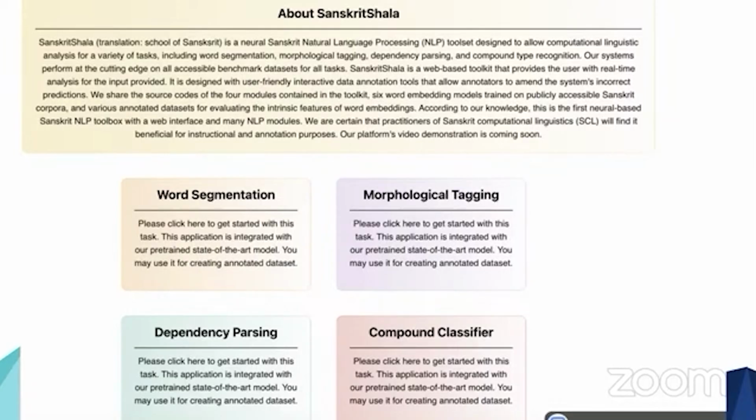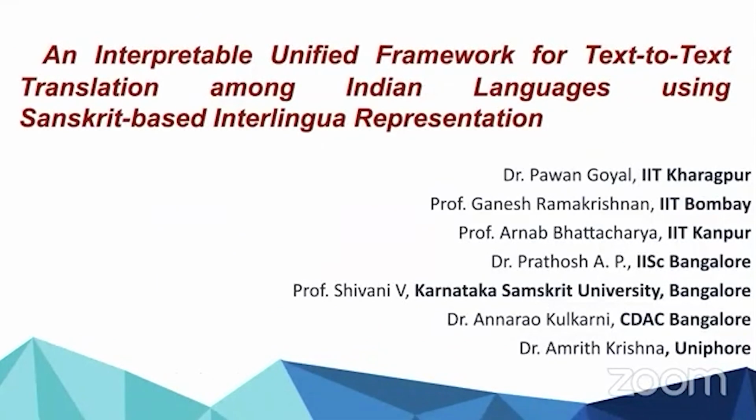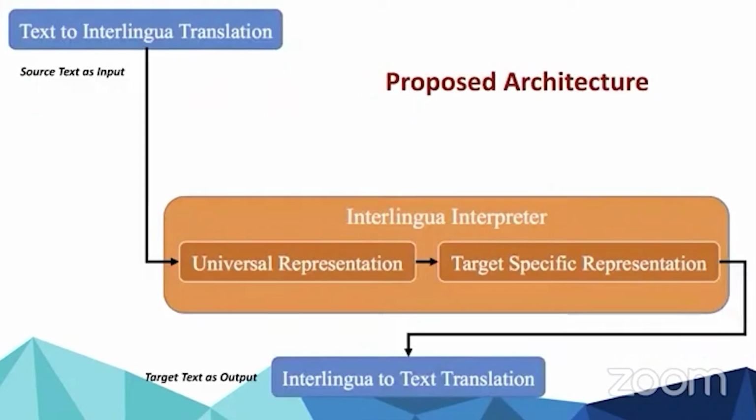Even Amrit got interested, and that's where we developed a lot of datasets and tools. And recently, that is how I came in contact with Professor Kshetresh, and we have a whole team who are trying to work on using Panini's grammar for something in general Indian languages, especially in the space of Indian language translation, where we can use a Sanskrit-based interlingua representation for doing a faithful translation between Indian languages.